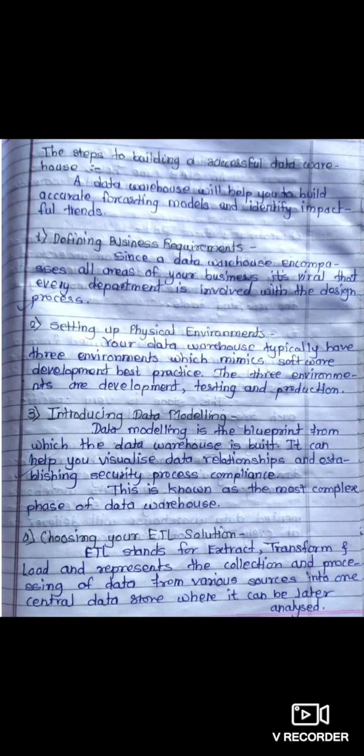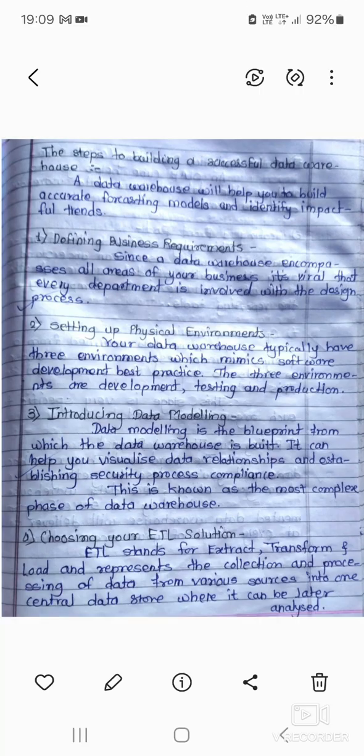The steps to building a successful data warehouse: there are multiple steps. Whenever you have to build a data warehouse, it will help you to build accurate forecasting models and identify impactful trends. So the first step is defining business requirements.